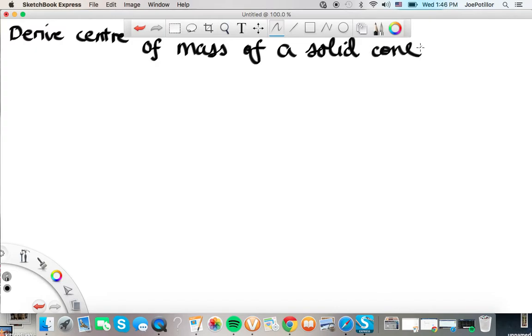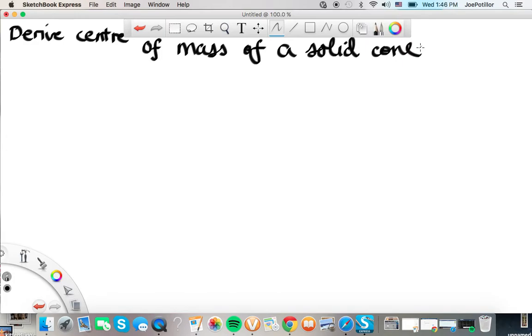Recall what I talked about regarding center of mass, which is basically the point from which we can consider the motion of any object to be taking place. At that point, the center of mass is where everything is centered, and that is where the path of motion will take place.